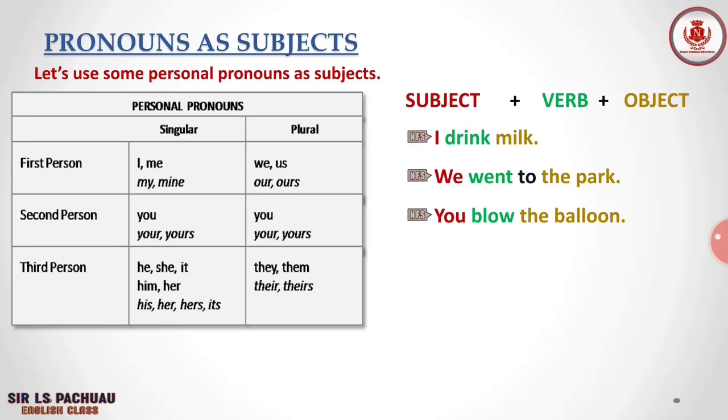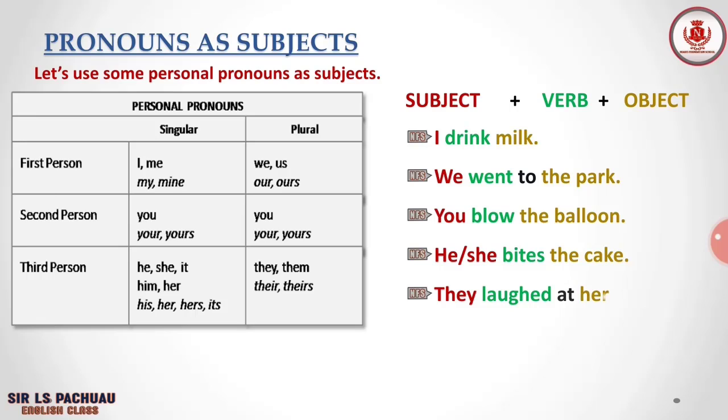You is the doer and blow is something that the doer does, and the balloon is the object, or the receiver of the action. He, she bites the cake. He and she are third person singular pronouns. Bite or bites is the verb and it is an action verb, and the cake is the receiver of the action, so it is the object of this sentence.